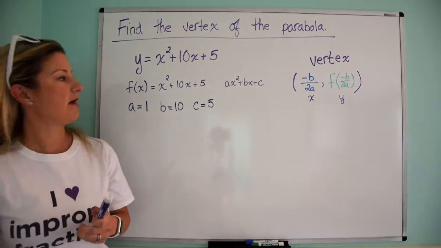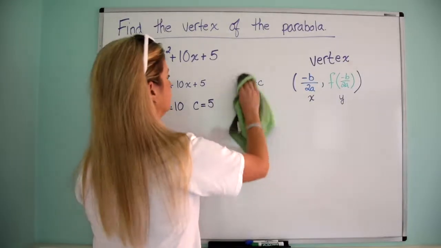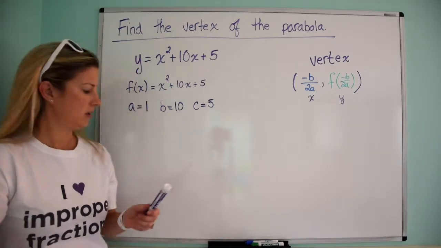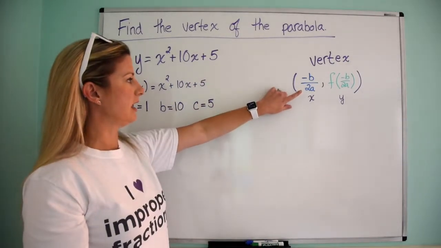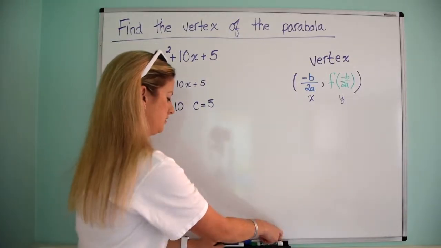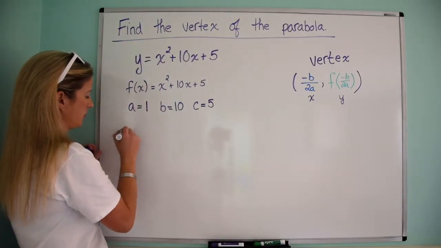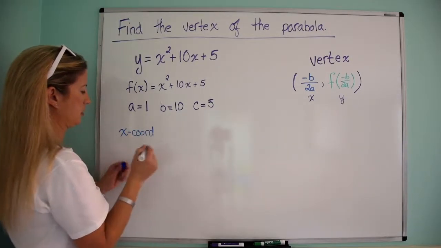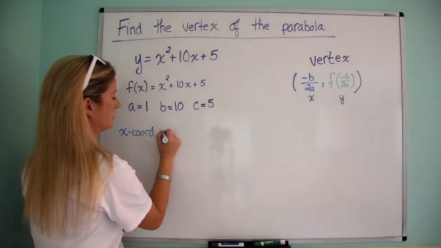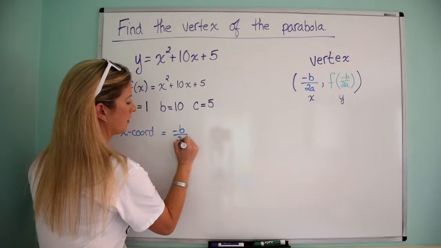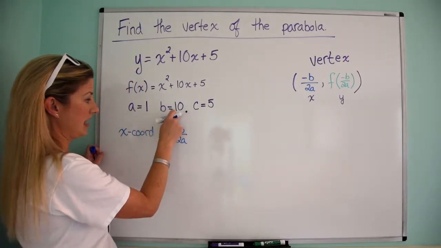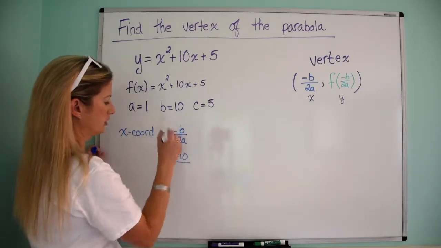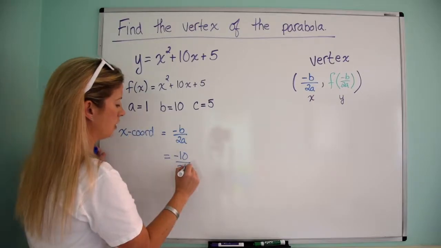I'm just going to erase that so we have more room. So let's start with finding the x coordinate of the vertex. We know it's the opposite of b over 2a. So the x coordinate is going to be the opposite of b over 2a. B is 10, so the opposite of b is negative 10, over 2 times a, which is 1.